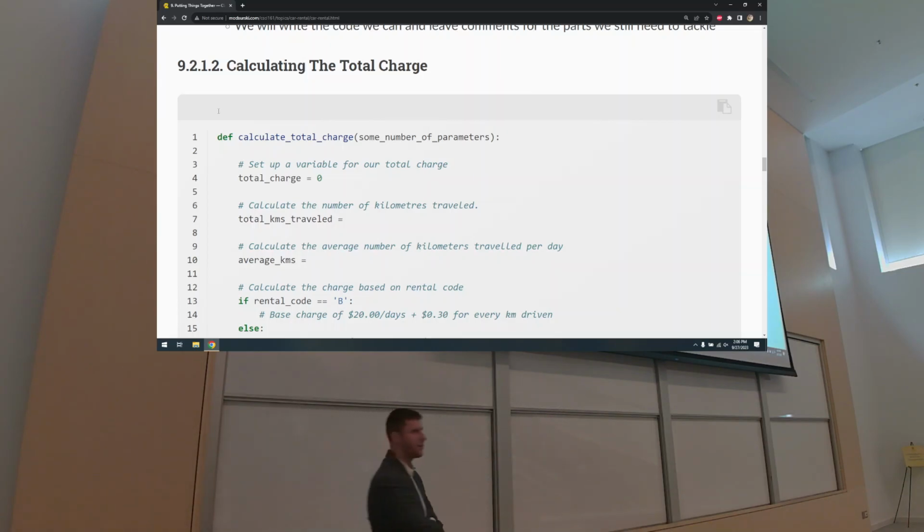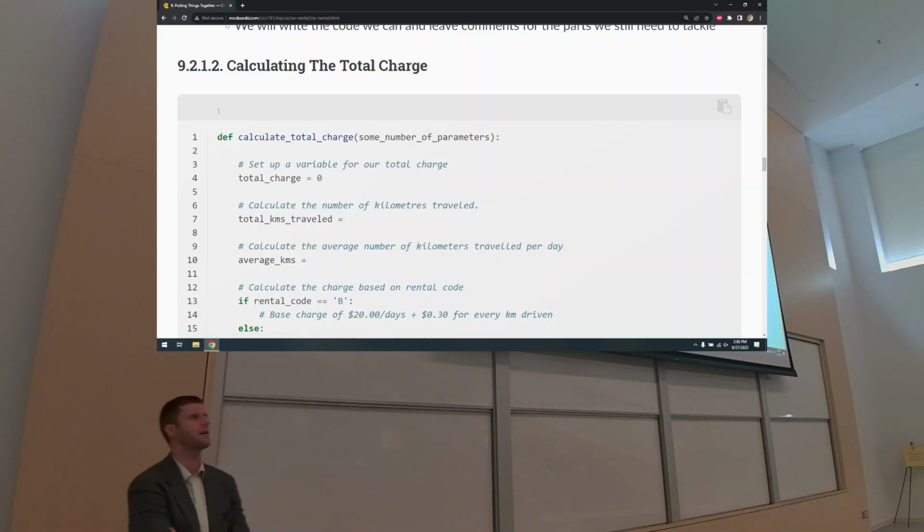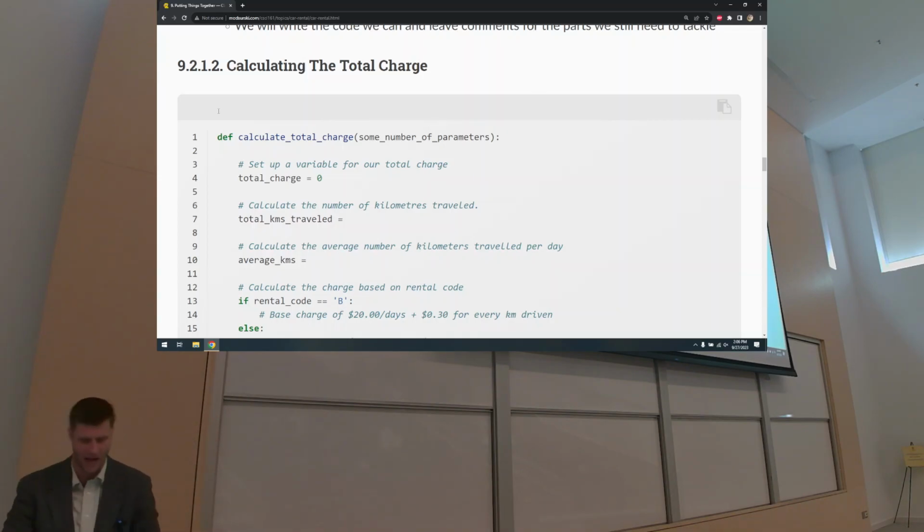Regardless of the classification code, I need to know how many days they had it. I want to know the odometer reading, like the total kilometers they drove. I might want to know the average kilometers that they drove. So here, I'm going to start writing the calculate total charge function. But as I do it, I'm going to be aware of what I want to have.